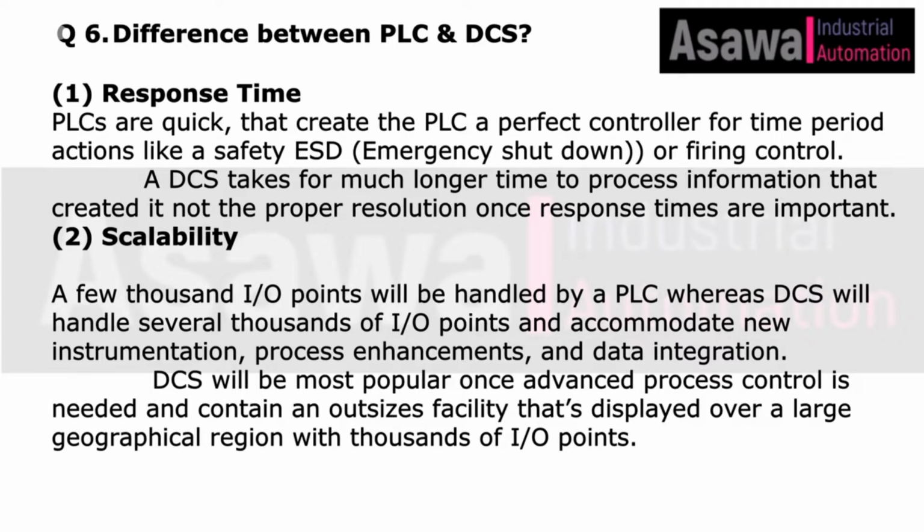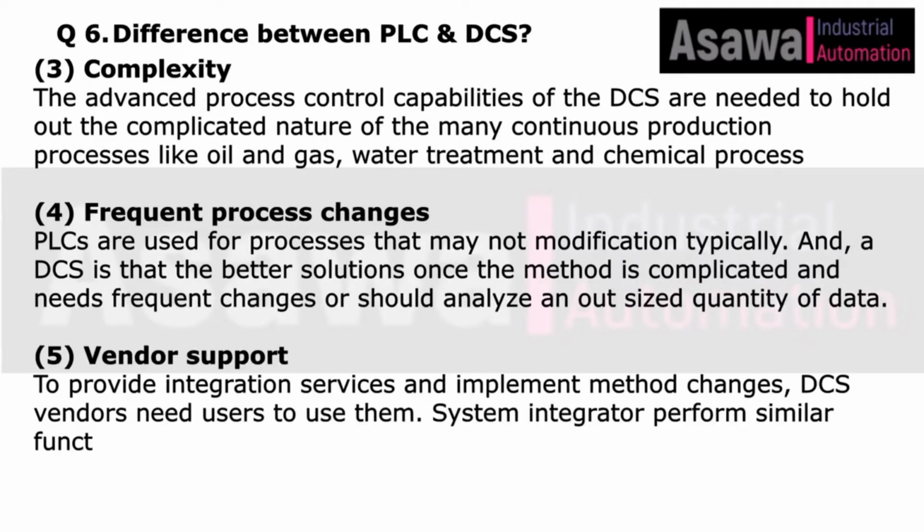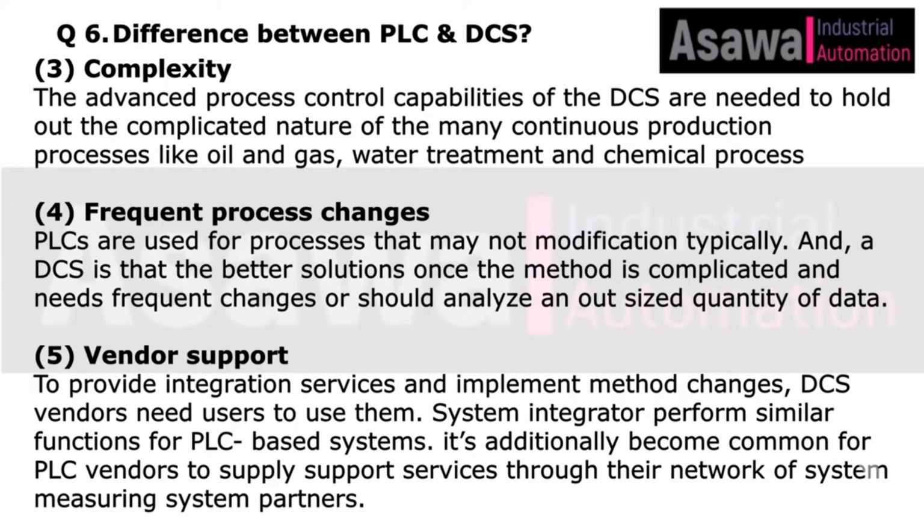DCS will be most popular once advanced process control is needed and in a large facility that is spread over a large geographical region with thousands of I/O points. 3. Complexity. The advanced process control capabilities of the DCS are needed to carry out the complicated nature of many continuous production processes like oil and gas, water treatment, and chemical process.